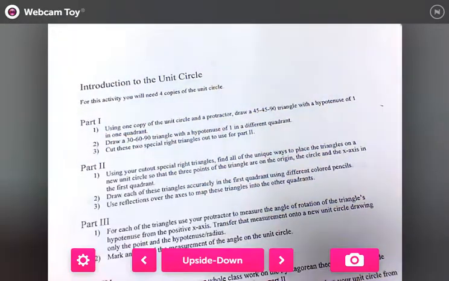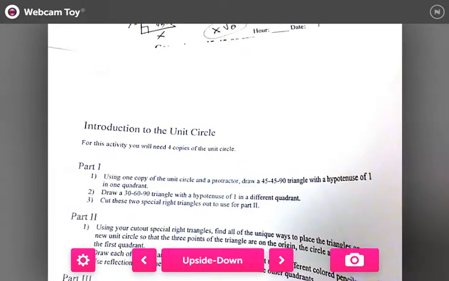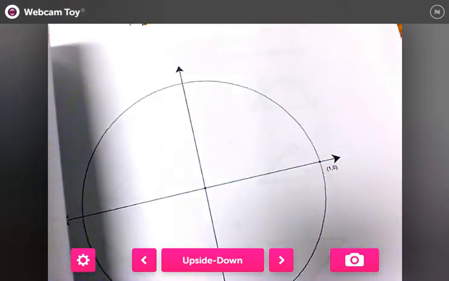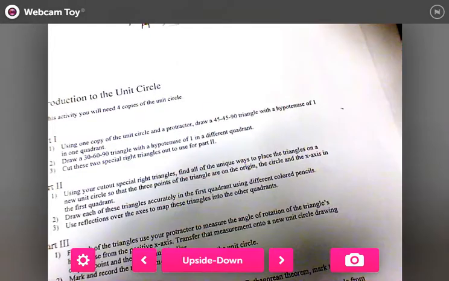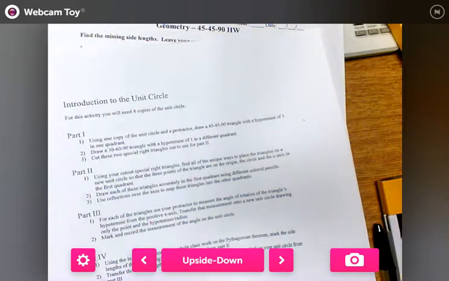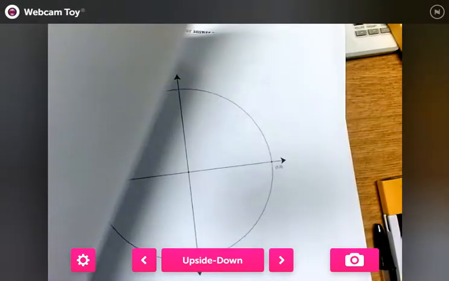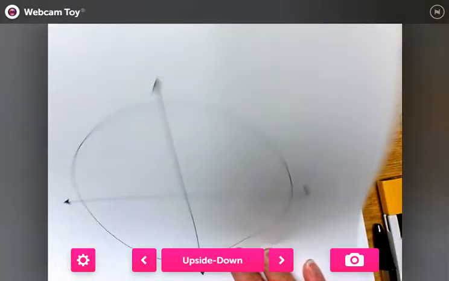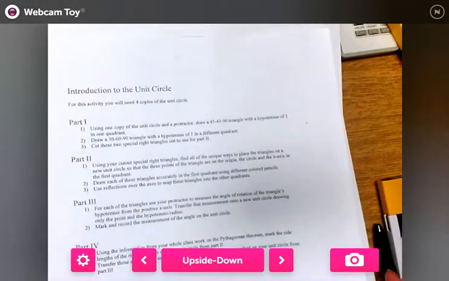Using one copy of your unit circle, see how we have 2 copies of the unit circle? 1, 2. Because you have a packet, yes? Right? 2 pages. We have 3 pages here, the directions. 2 unit circles. We can rip off those directions and unstaple those unit circles right away.